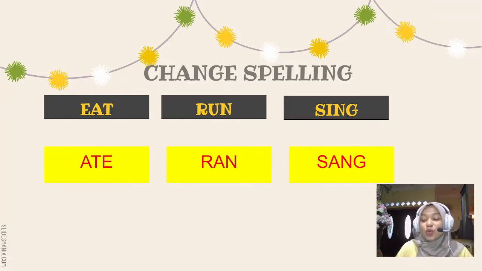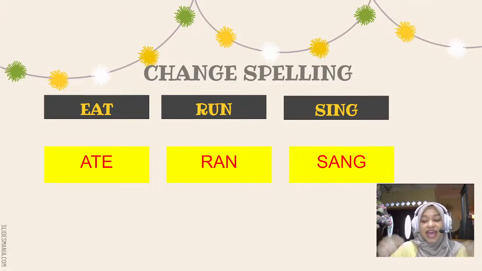So if you want to master this, you need to do a lot of writing and a lot of reading to recognize which one will add ed after the word or which one will change the spelling. However, there are also some words that do not change in anything. We don't put ed, we don't change the spelling. So how do you know about this? You need to practice a lot.